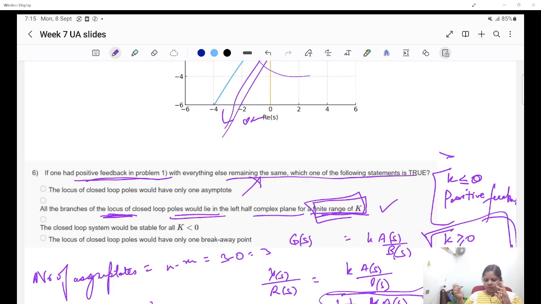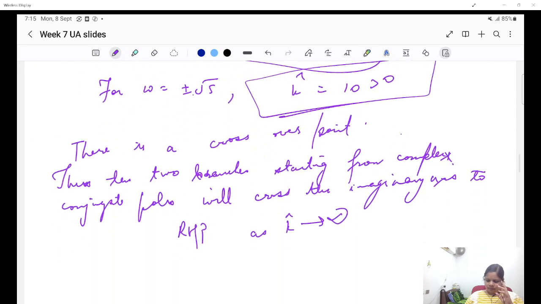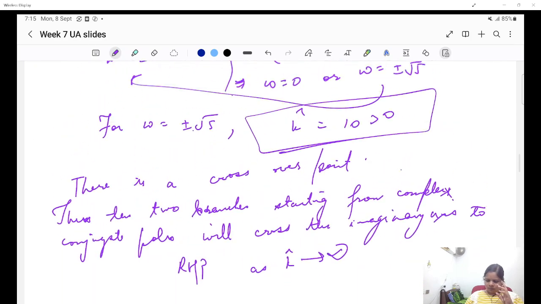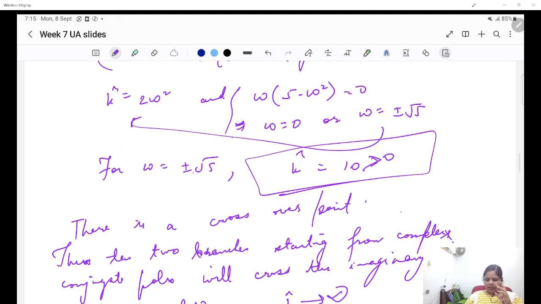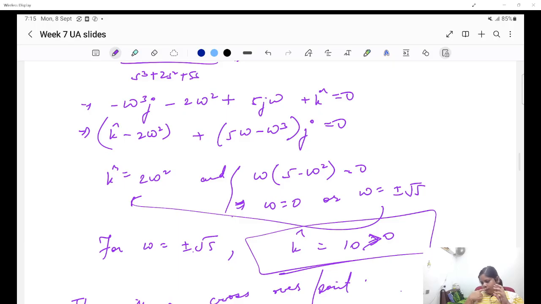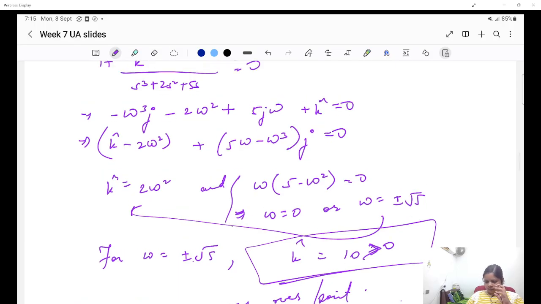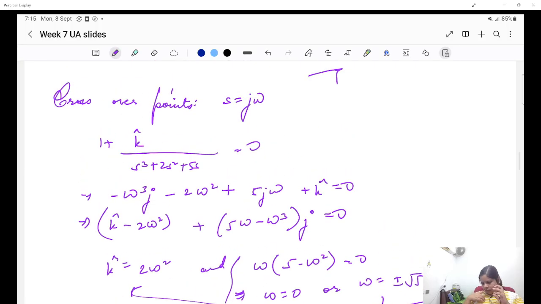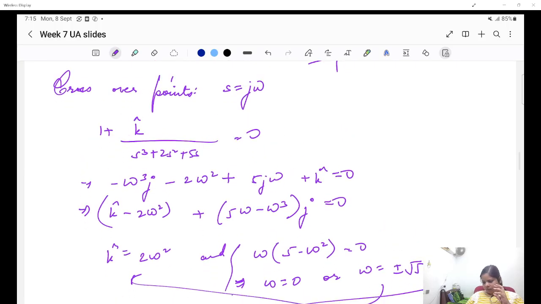Thus k greater than 0 but k within 10. Yeah, right. Not within 10. We cannot say k within 10. We don't know if it is the bound. A value and j omega is substituted.